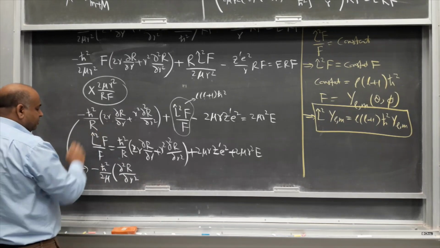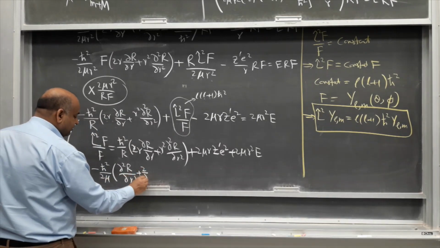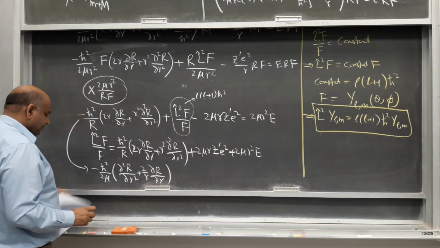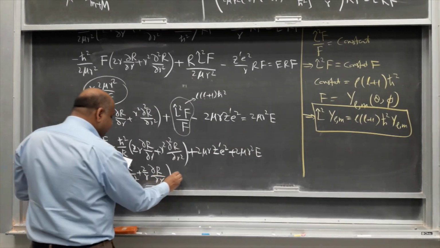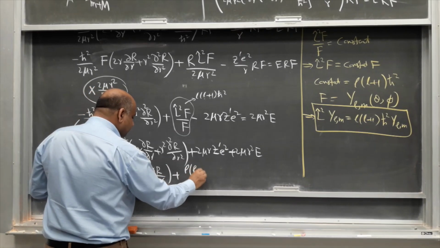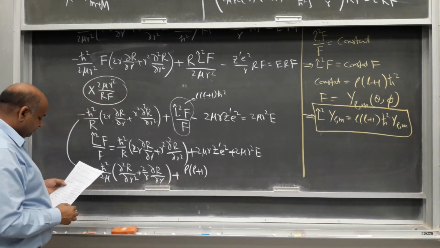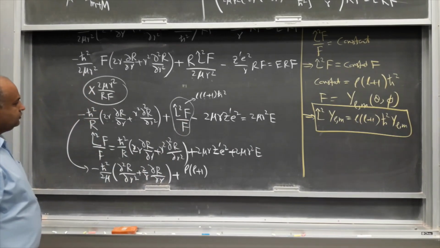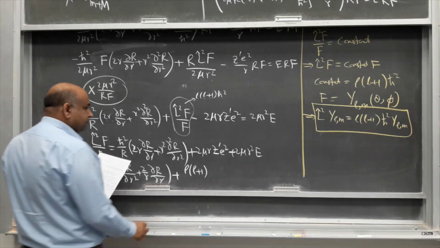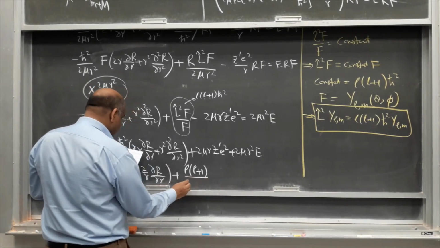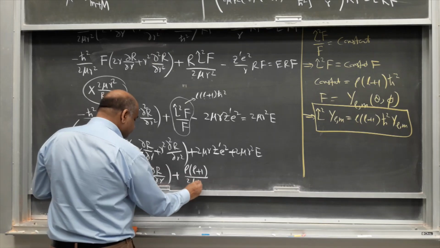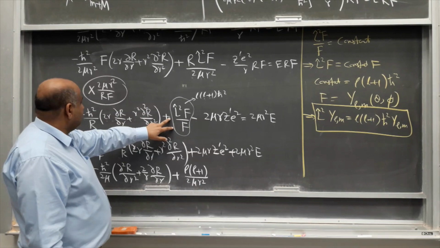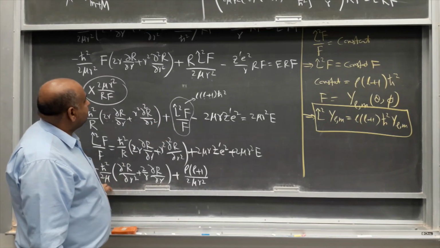So I have this term, and when r square comes here, this is nothing but 2 over r partial r by partial r, plus L into L plus 1 h bar square divided by 2 mu r square. So where does the h bar square go? Did we make a mistake?